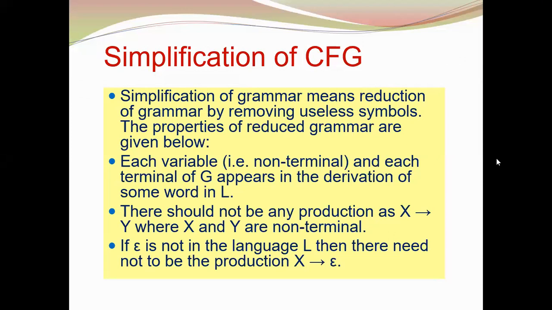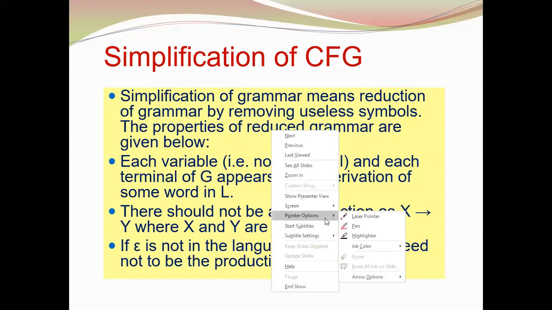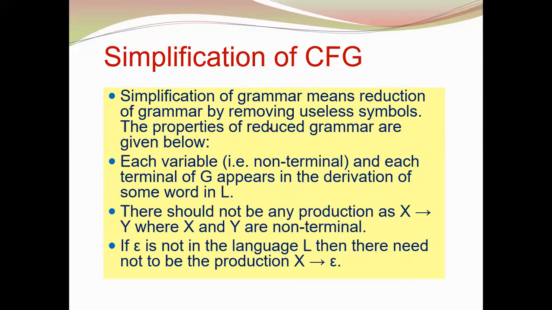This is our first topic. Before moving to the forms, we have to know how we can simplify the CFG. Simplification of grammar means reduction of grammar by removing useless symbols. The properties of reduced grammar are given below. Now we are going to do simplification of CFG.